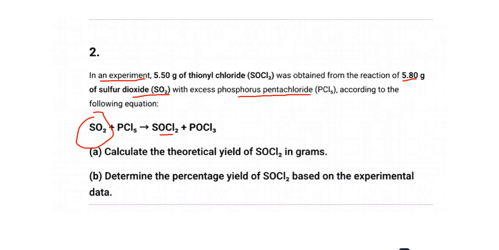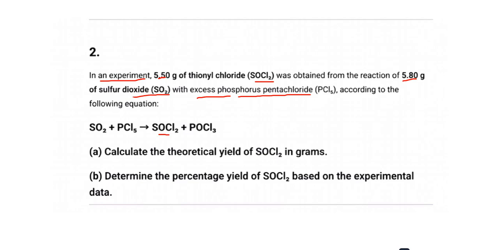So what are we being told in this question? We are being told that 5.5 grams of this SOCl2 was obtained from the reaction of 5.8 grams of sulfur dioxide with excess.